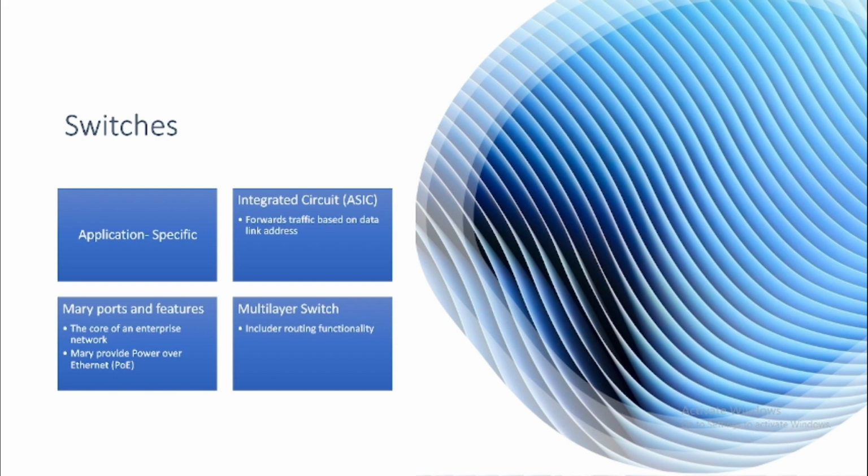A switch determines where traffic should be forwarded based on the destination MAC address inside of that frame. This is also a device that's able to forward traffic at a very high rate of speed, because a lot of those forwarding decisions are based in the hardware of the device itself. Many switches have an application specific integrated circuit, or ASIC, which allows for very fast transport.